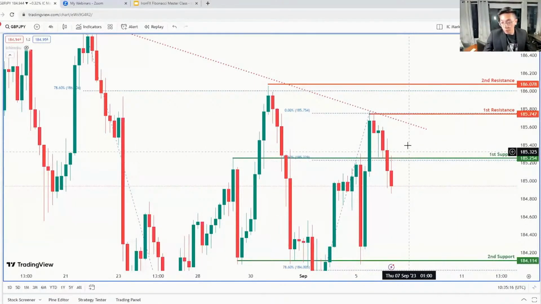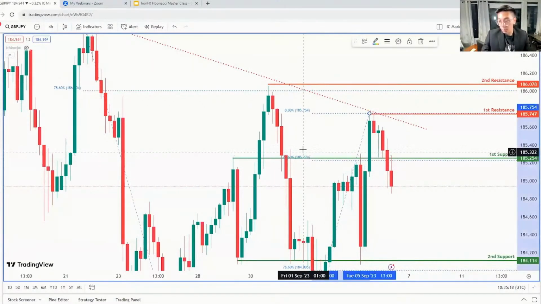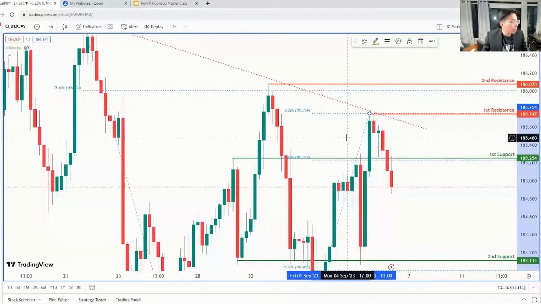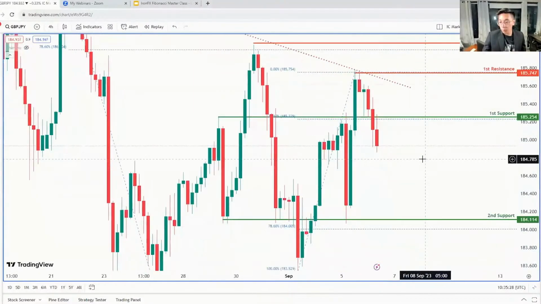All right, you can see price has already broken this 23.6% FIB retracement. Okay, then price could come down to a level.